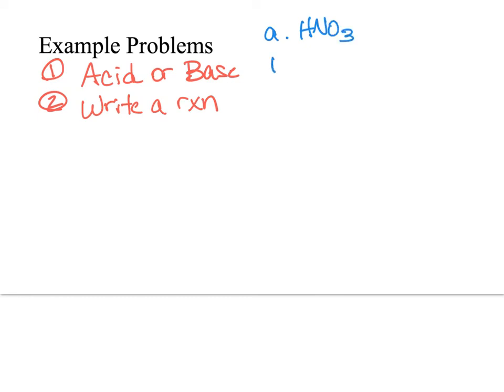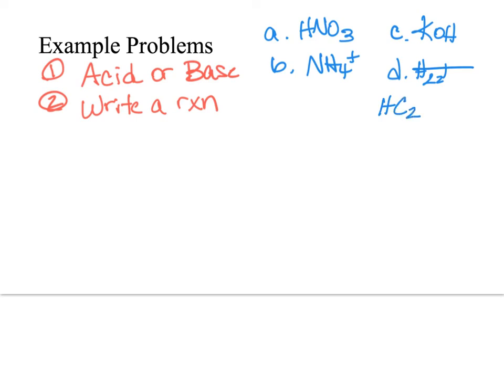HNO3, NH4 with a positive 1 charge, potassium hydroxide, it's letter C, and letter D is HC2H3O2.